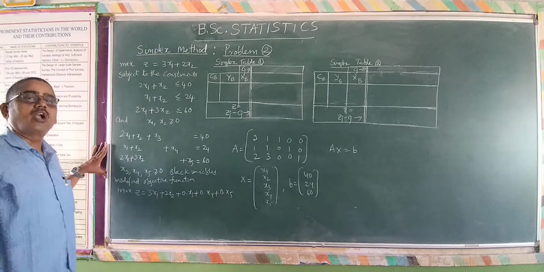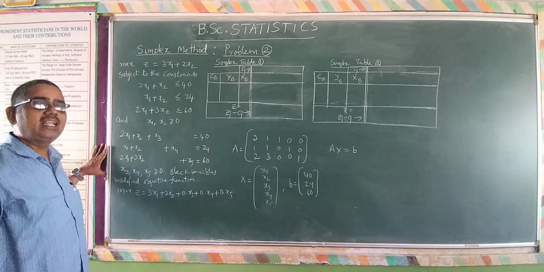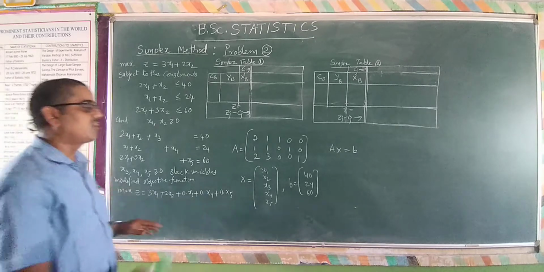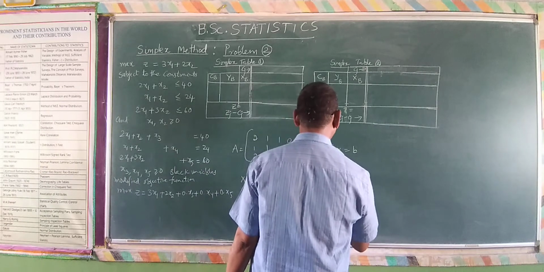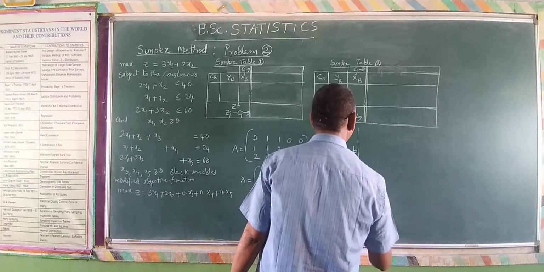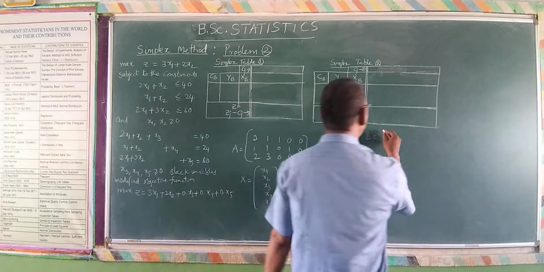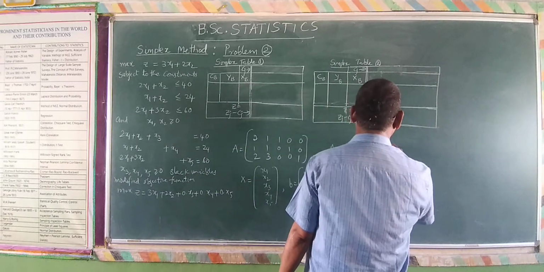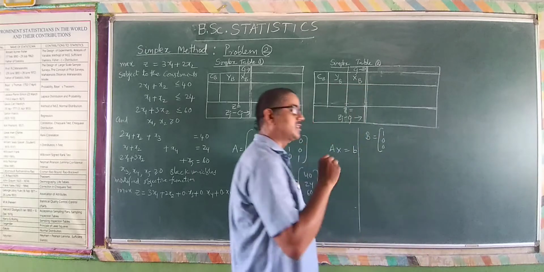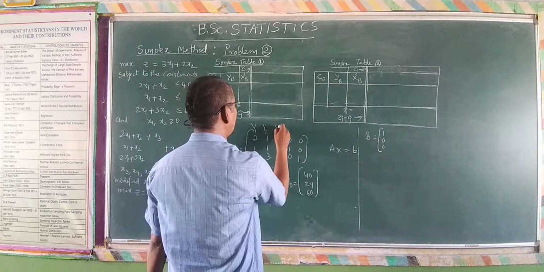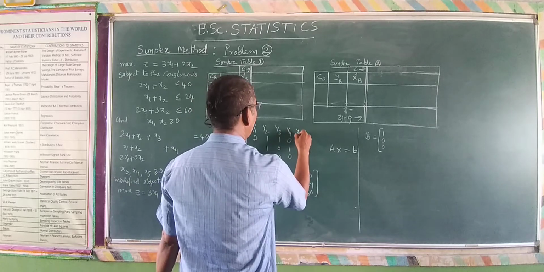Now, we consider the initial basic feasible solution XB is equal to B inverse b, for which we have to write the basis matrix B. B is the unit matrix made of the vectors which are in the basis, that is y3, y4, y5.